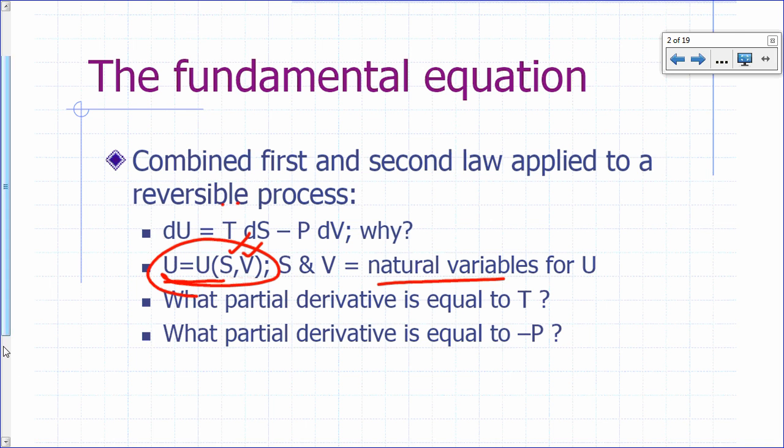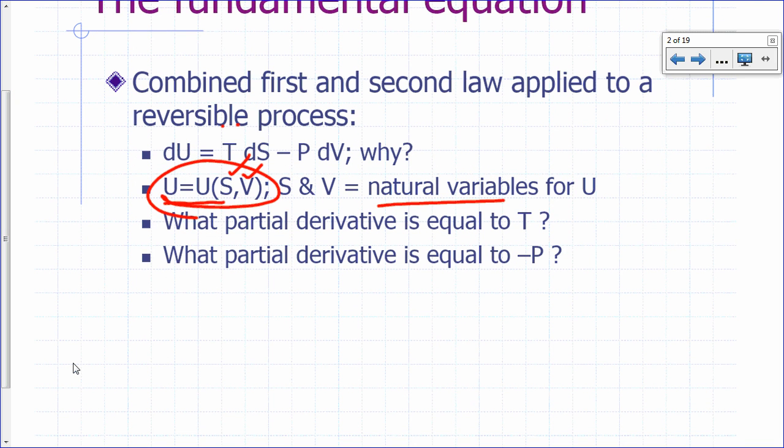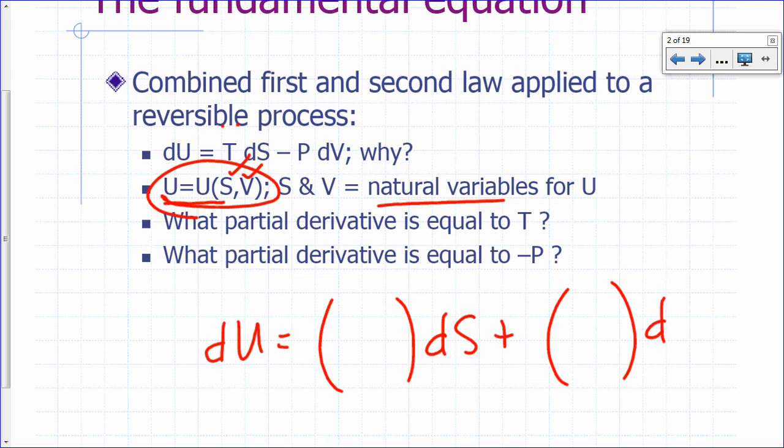If U is a function of S and V, we can write dU is equal to something times dS plus something times dV. What partial derivative goes in the first one? Partial of U with respect to S, holding what constant? Volume constant.